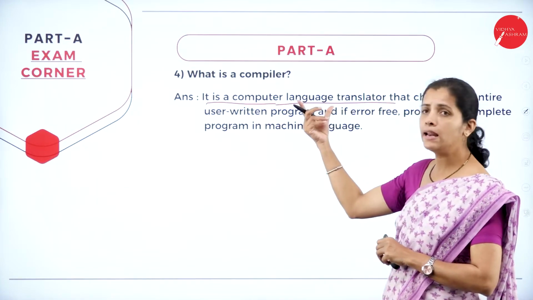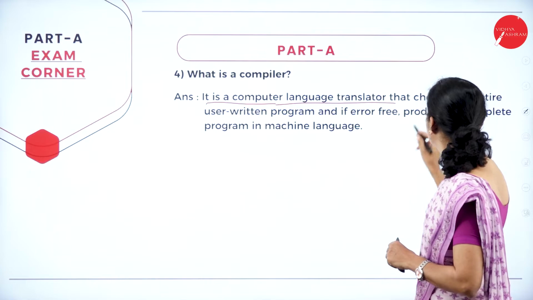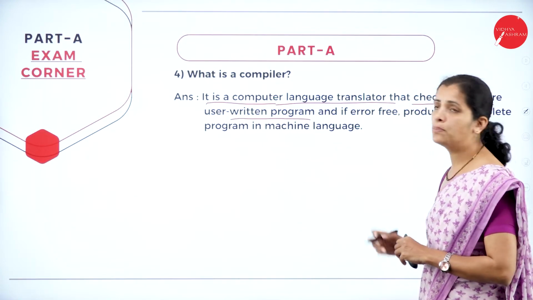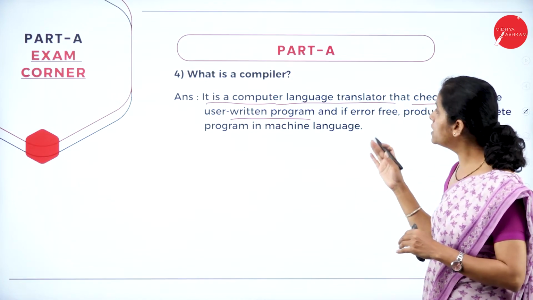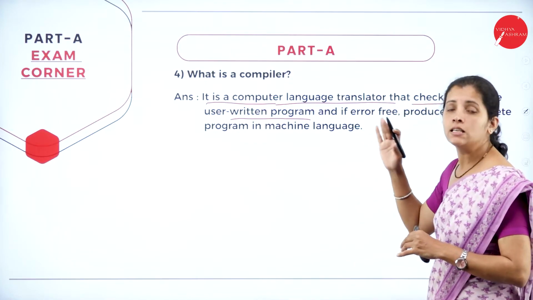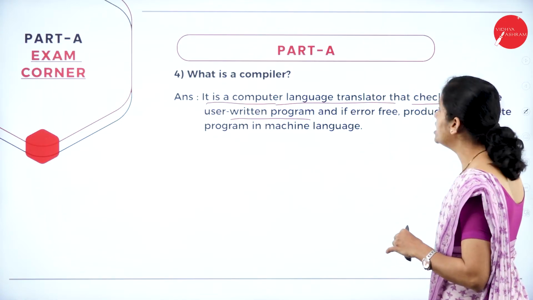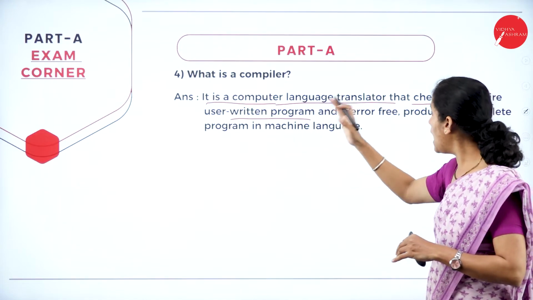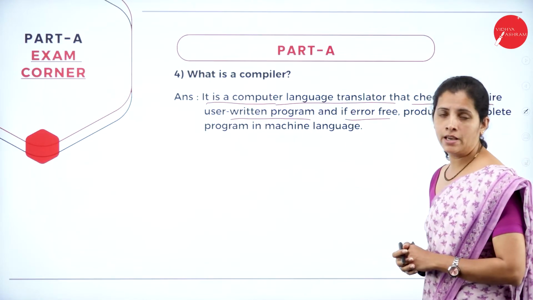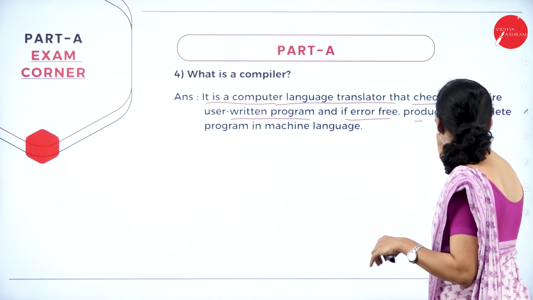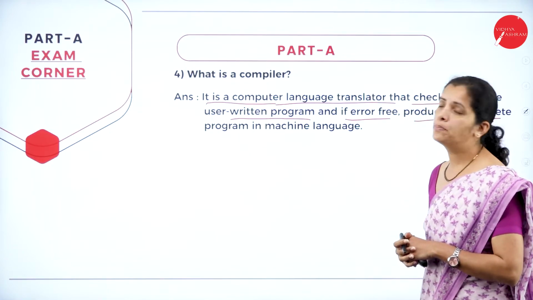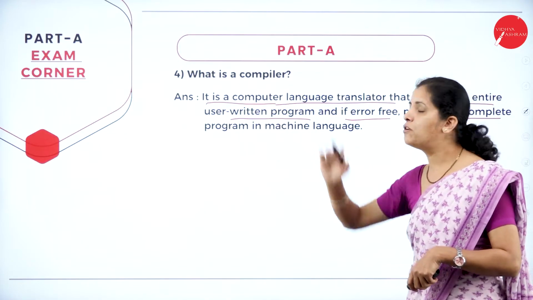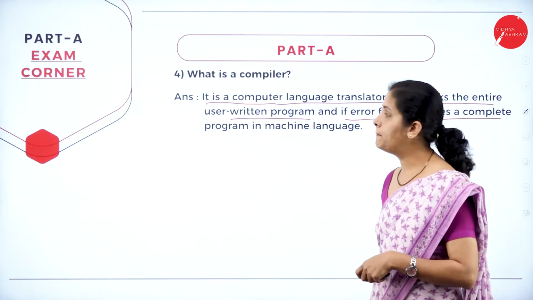It is a translator that checks the entire user written program, and if there is no error, produces a complete program in machine language. And this is the definition of a compiler.